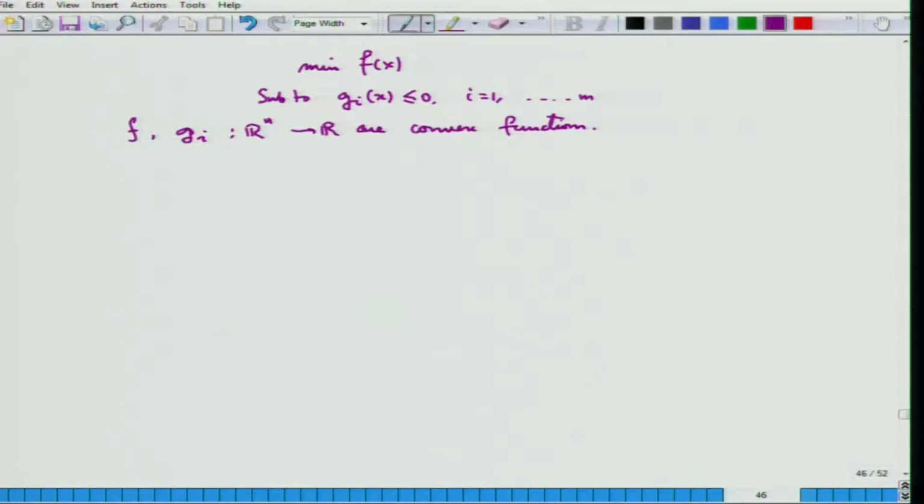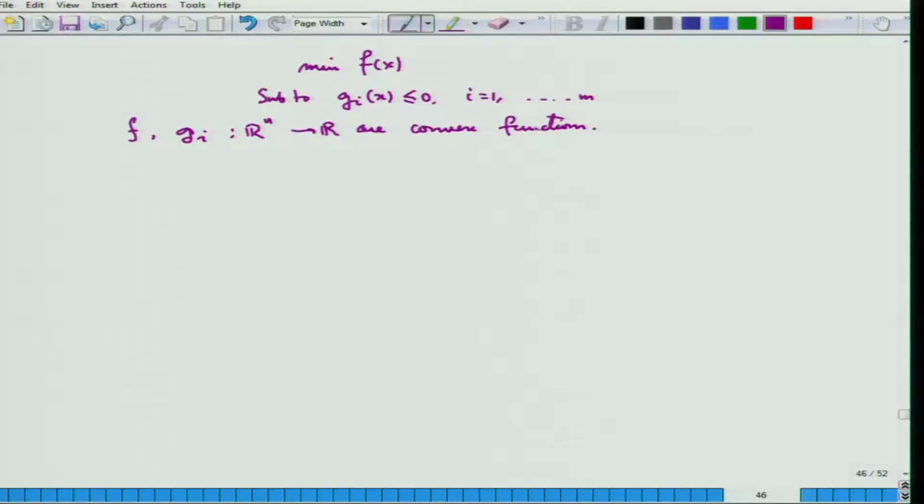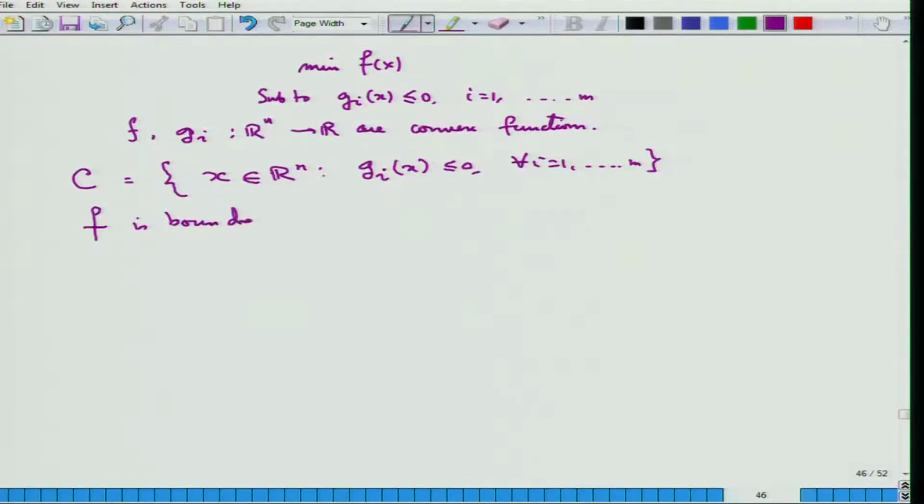What I know is that this convex function f is bounded below on the set of feasible points C, where C is the set of all x in R n such that g i x is less than or equal to 0 for all i. Suppose I am only given the fact that f is bounded below on C. The question is what can I say?